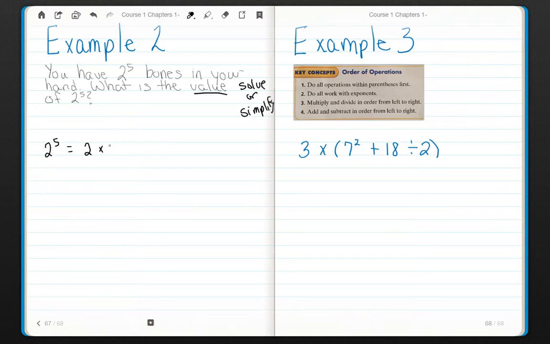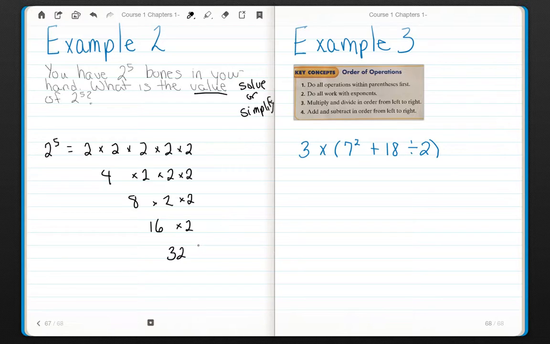So 1, 2, 3, 4, 5. 2 times 2 is 4, times 2 times 2 times 2. 2 times 4 is 8. 8 times 2 is 16. 16 times 2 is 32.